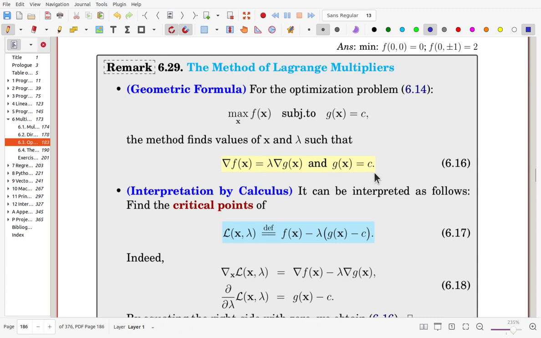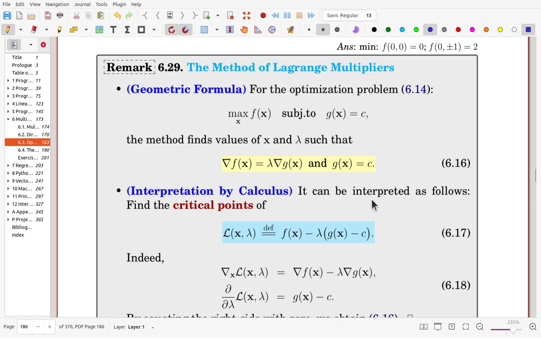Now, we'll try to interpret this method by using calculus. In fact, we made this formula from geometric observation. Now we'll try to interpret it.